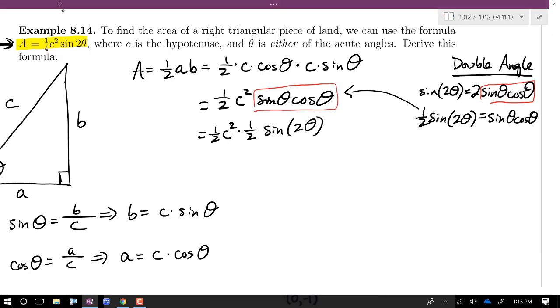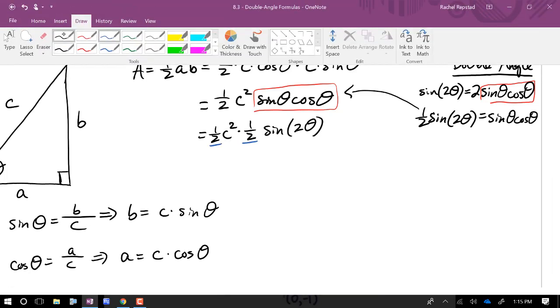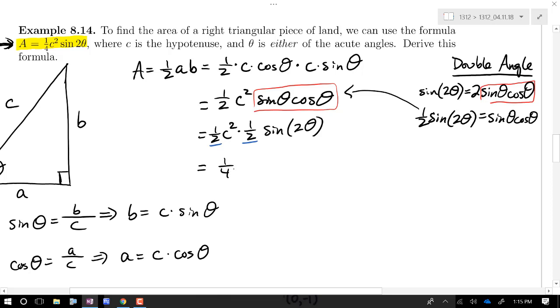And now there's our 1/4 that appears. So 1/4 c squared times sine 2 theta.